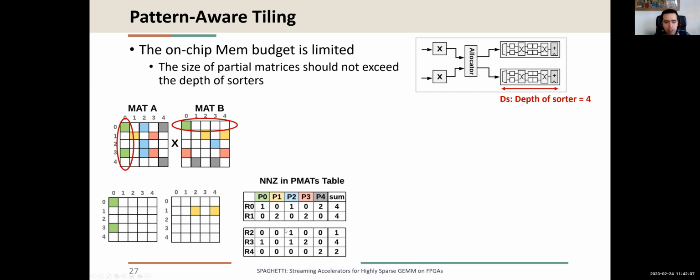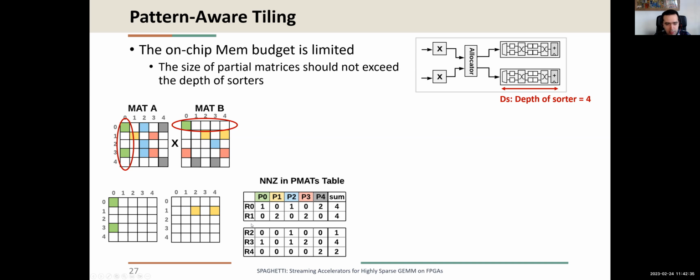The way we can do this is to compute the number of non-zeros that we are producing in every partial matrix. For instance, in P0, partial matrix 0, we have 1 non-zero in row 0 and 1 non-zero in row 3. In partial matrix 1, P1, we have 2 non-zeros in row 1.